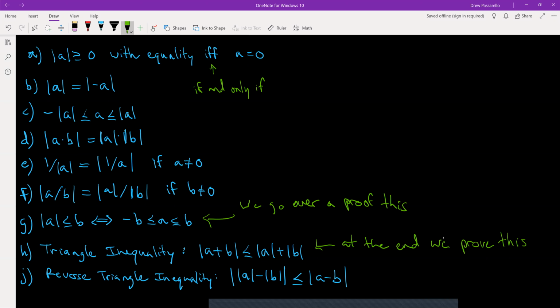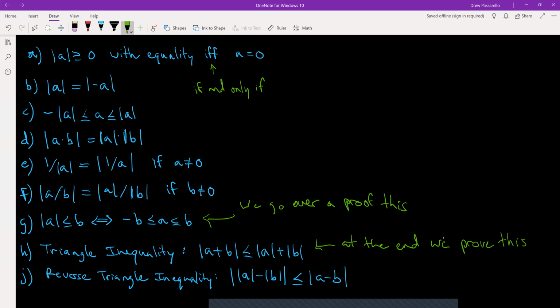Part B: the absolute value of A is equal to the absolute value of negative A. Part C: negative absolute value of A is less than or equal to A, less than or equal to the absolute value of A. Part D: the absolute value of a product, A times B, is the same thing as the absolute value of A times the absolute value of B. Part E: 1 divided by the absolute value of A is equal to the absolute value of 1 divided by A, if A is not 0.